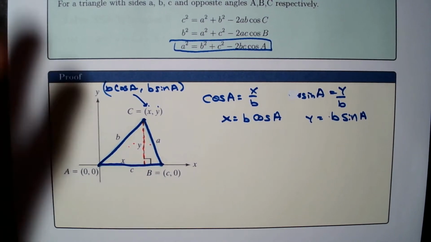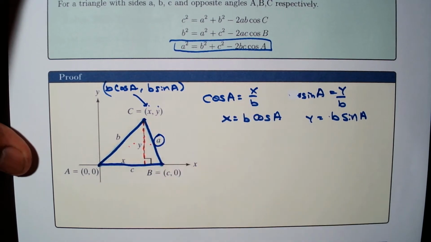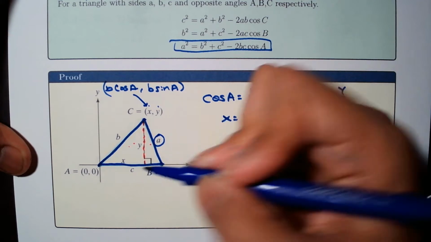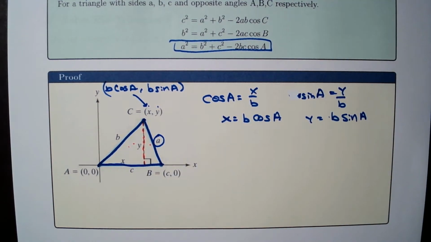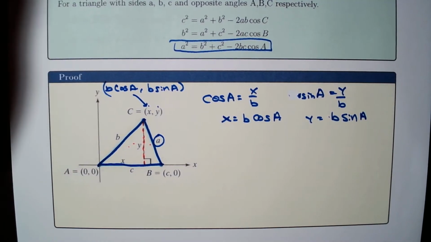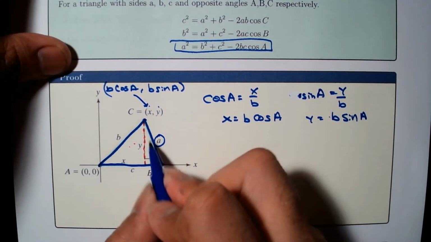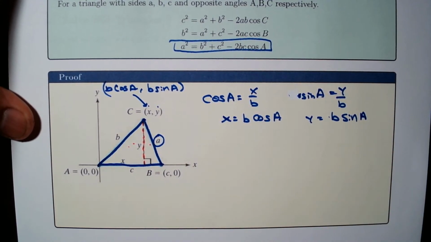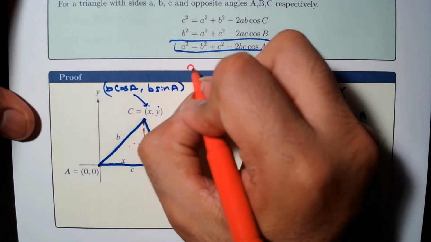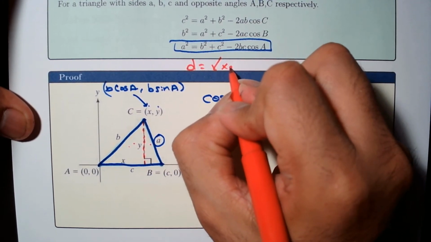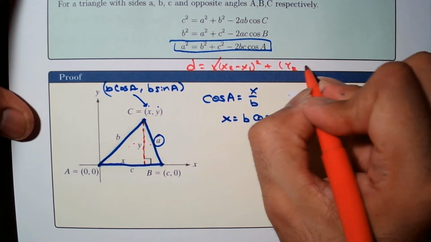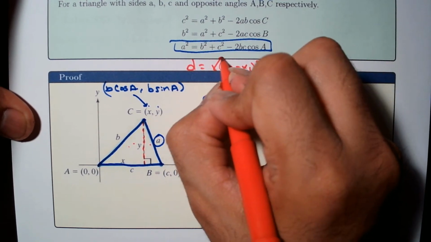Our main goal is to find the length of the side a. Of course, this side a is not part of the right triangle. Otherwise, I would have used the law of sines or simply the Pythagorean theorem, but that's not the case. So to find this distance a, I'm going to use the distance formula. You might want to recall, d equals the square root of (x2 minus x1) quantity squared plus (y2 minus y1) quantity squared.